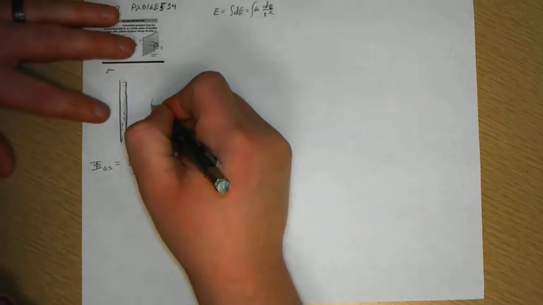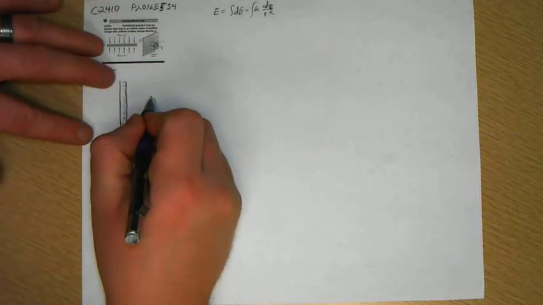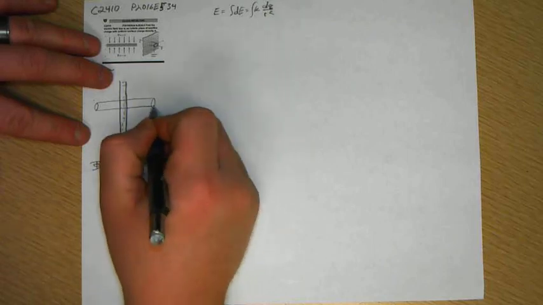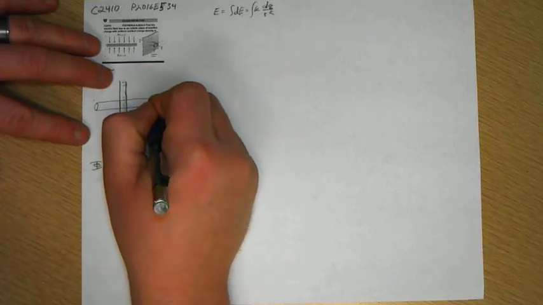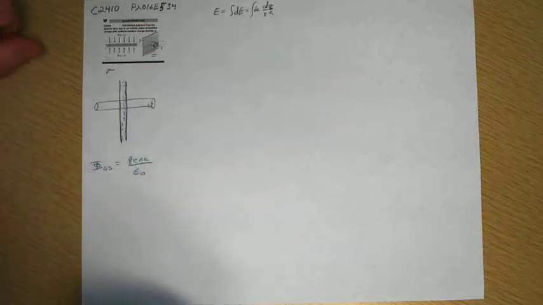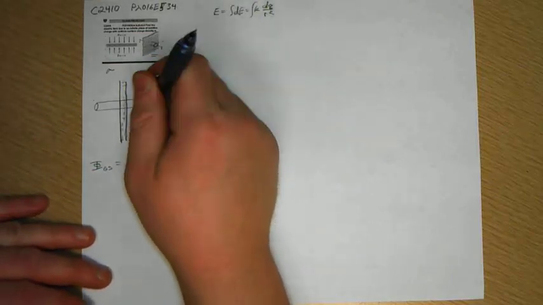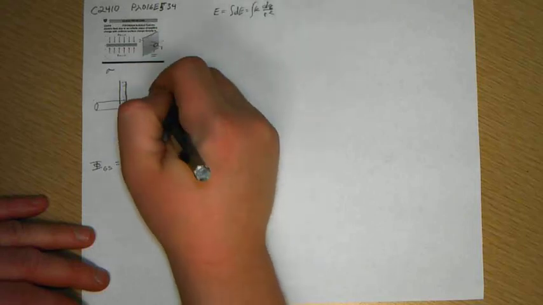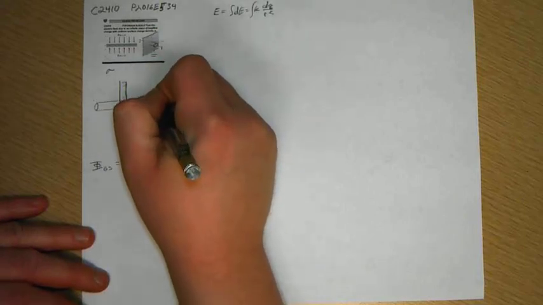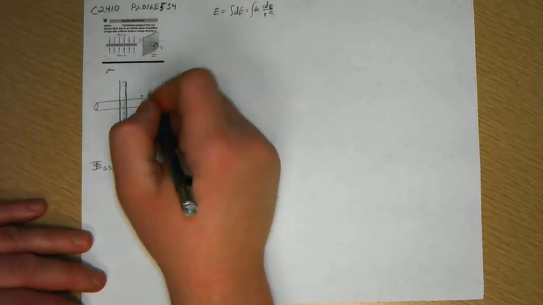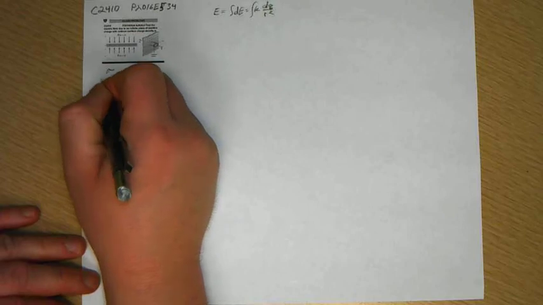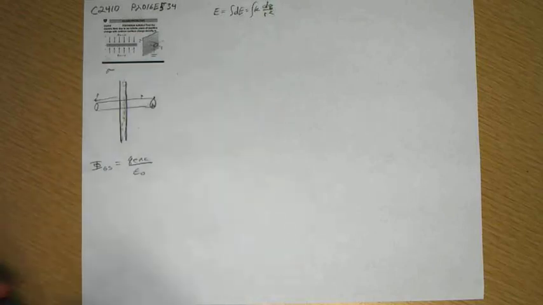I'm going to draw a Gaussian surface that is a cylinder, a hollow cylinder of some radius a, and it extends to some distance r away from the sheet, and let's say it also extends backward some distance r.